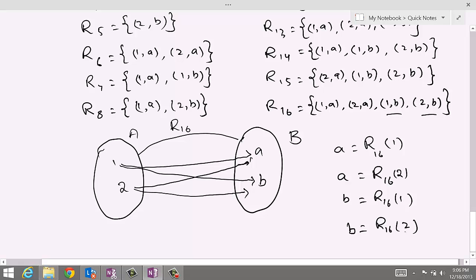These notations are very helpful. We also read them that a in this case is image of 1. In this case, a is image of 2 under R16. And in this case, b is image of 1. And in this case, we say that b is image of 2.